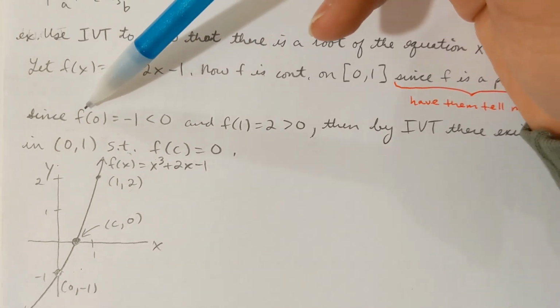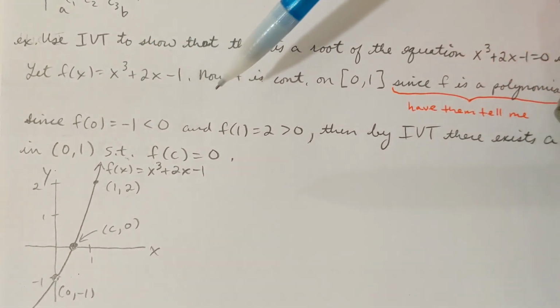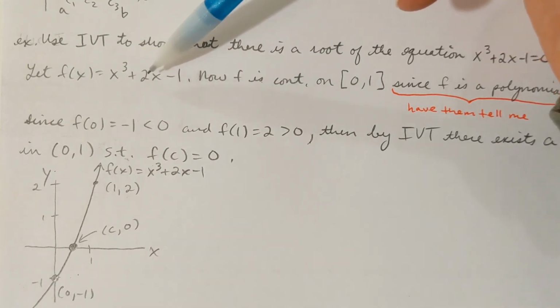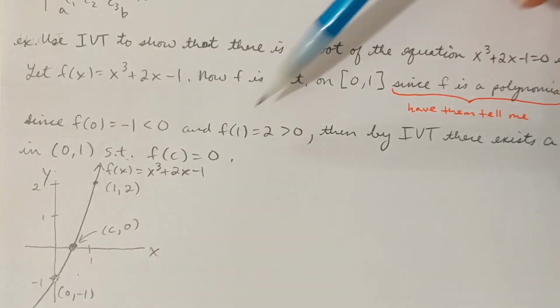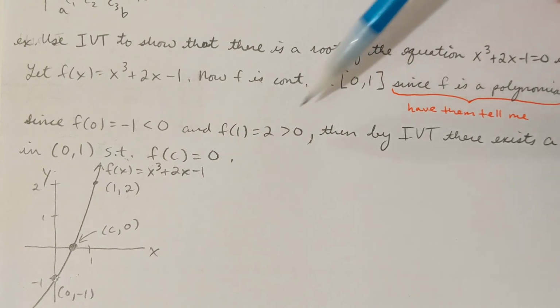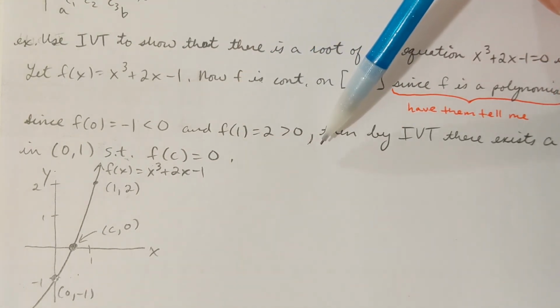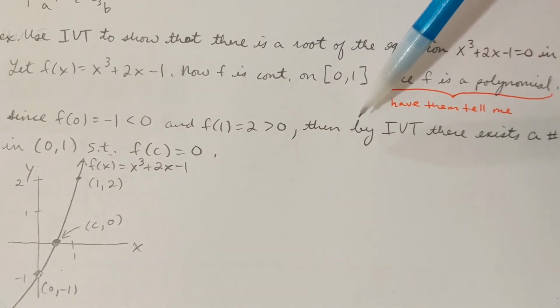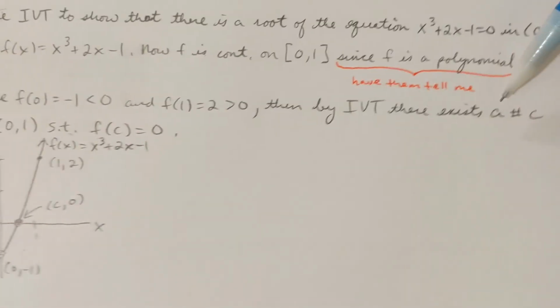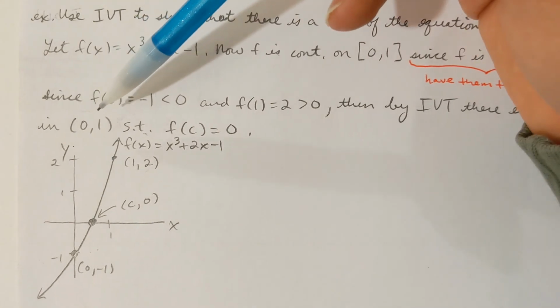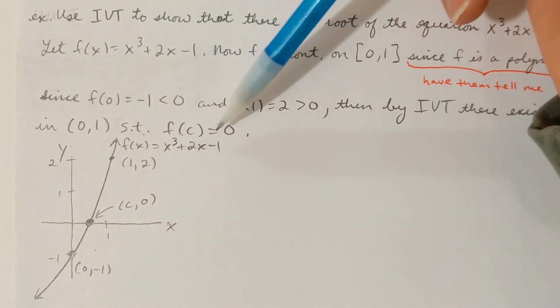Since f of 0 is negative 1, when you plug that number in, and that's a negative number, and f of 1, the right endpoint, when you plug that in, would return 2, which is a positive number, then by the intermediate value theorem, there exists a number c in the open interval 0 to 1 such that f of c equals 0.